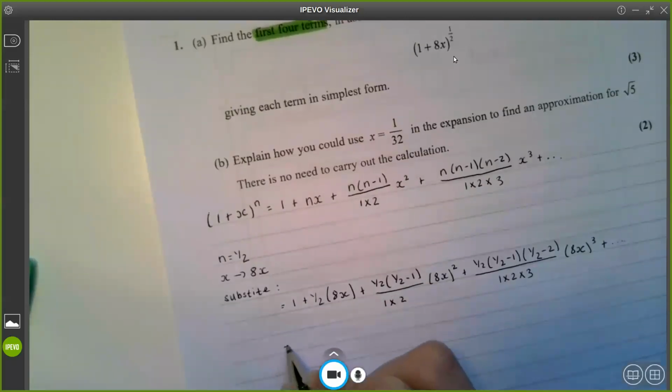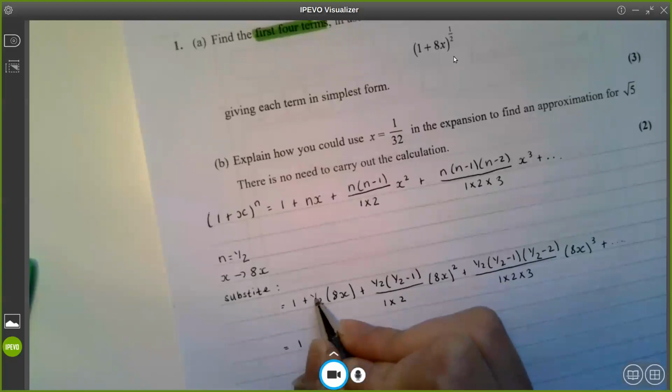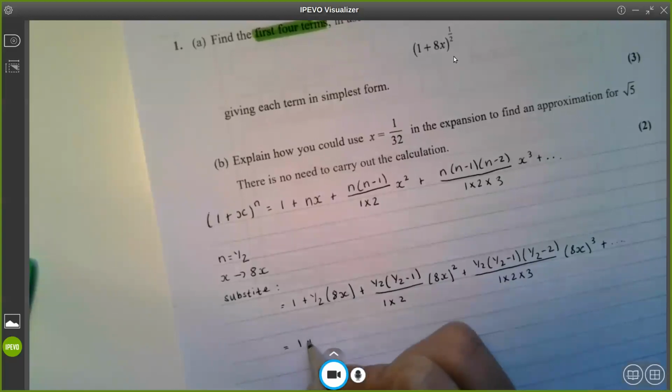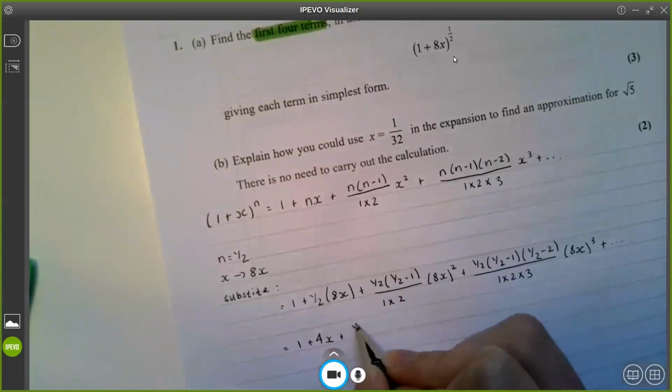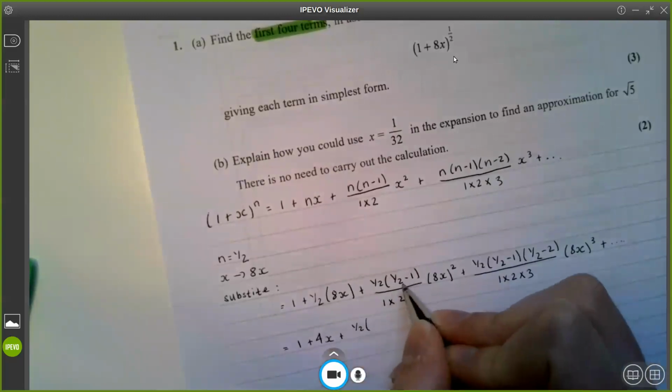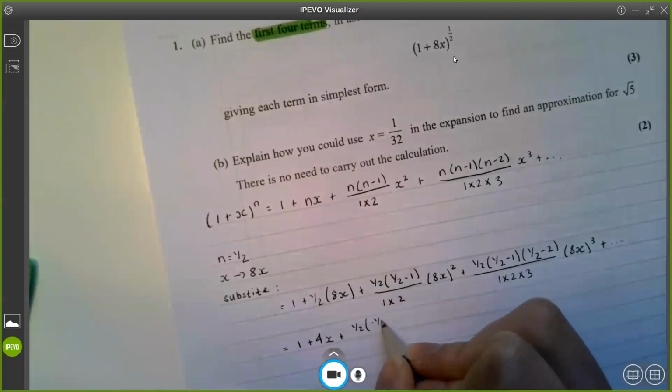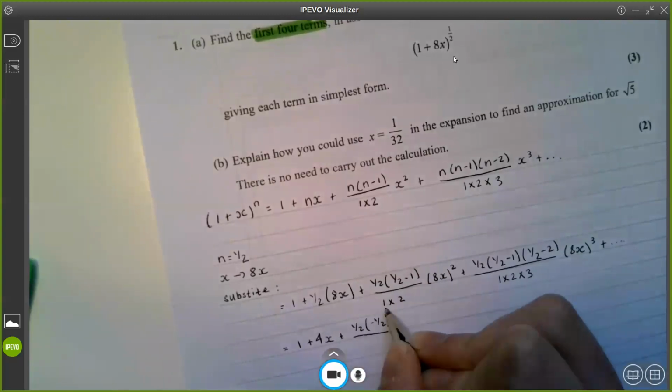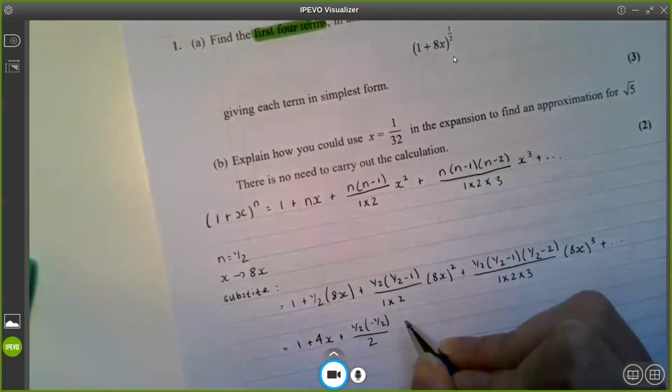So let's simplify this a bit. I've got 1, a half times 8 is 4x, and I've got a half times (a half minus 1), which is minus a half. 1 times 2 gives me 2.